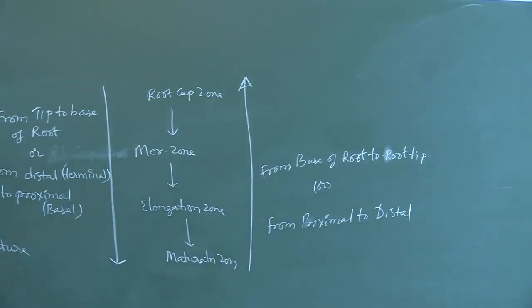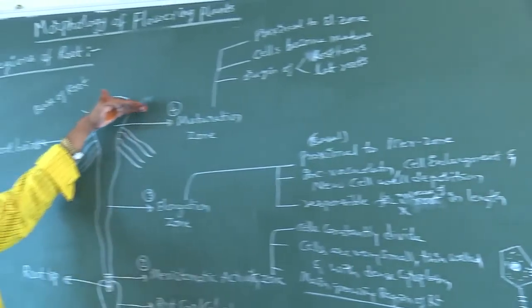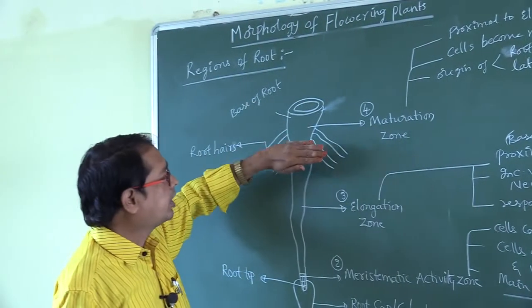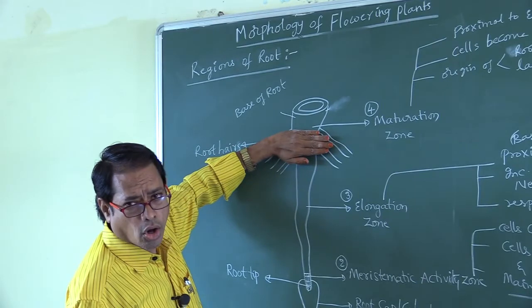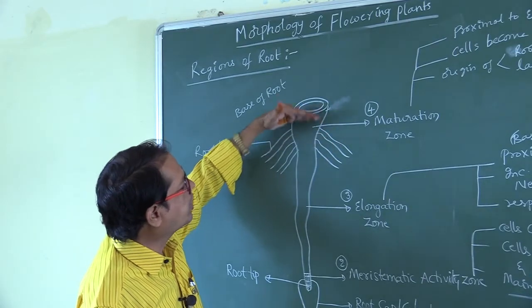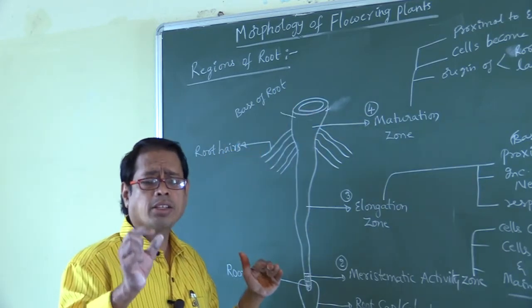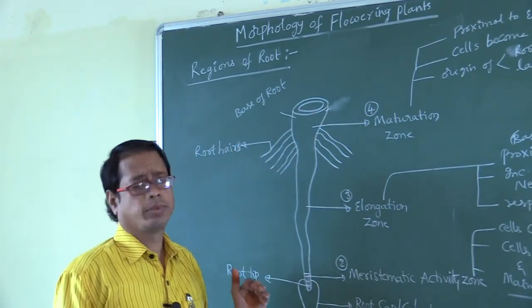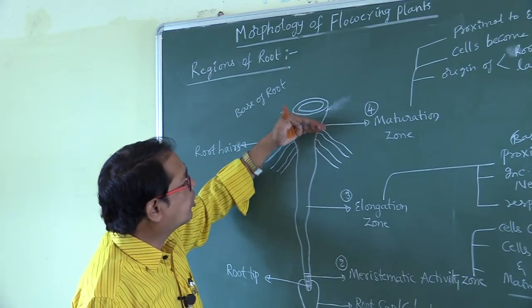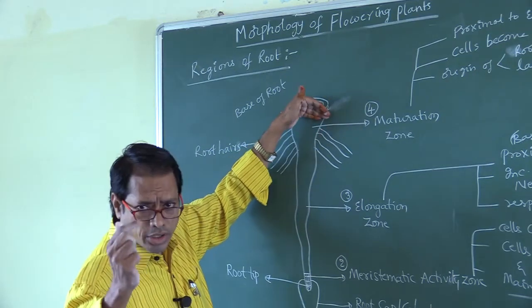Sometimes they will ask root hairs and maturation zone separately. If the presence of root hairs is given, the remaining part is called the maturation zone. Actually, root hairs are found in the maturation zone only. The region above the root hairs is nothing but the maturation zone only.